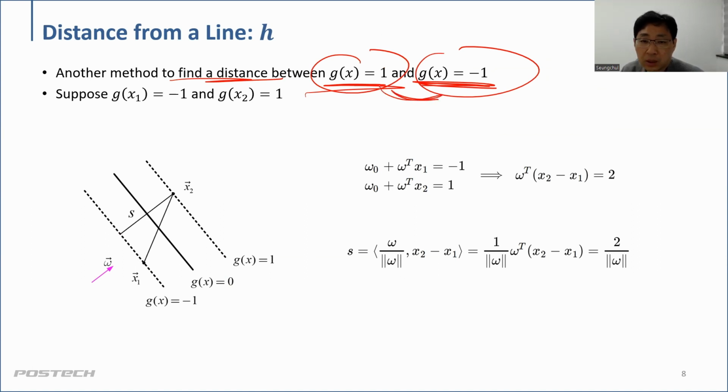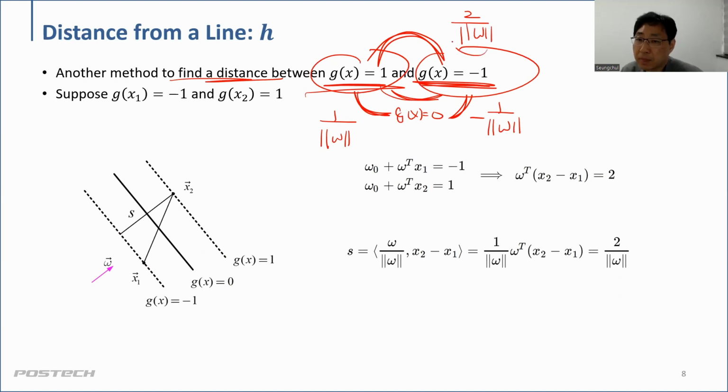We know the distance from that and from that is 1 over the norm of omega, and if we say this one is minus, then the distance between these two is the sum.